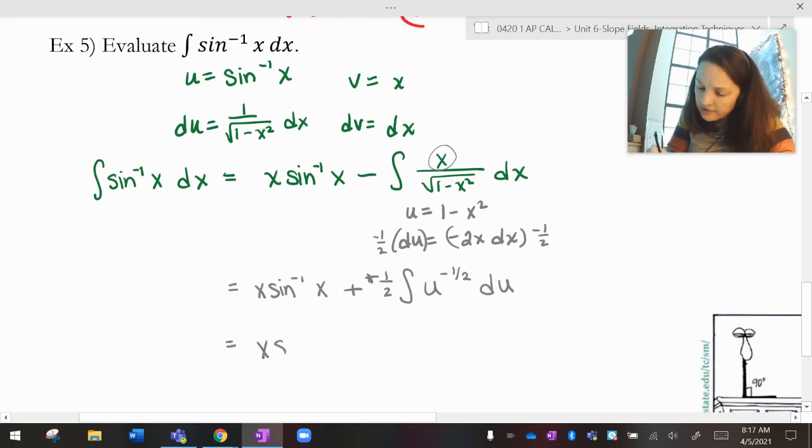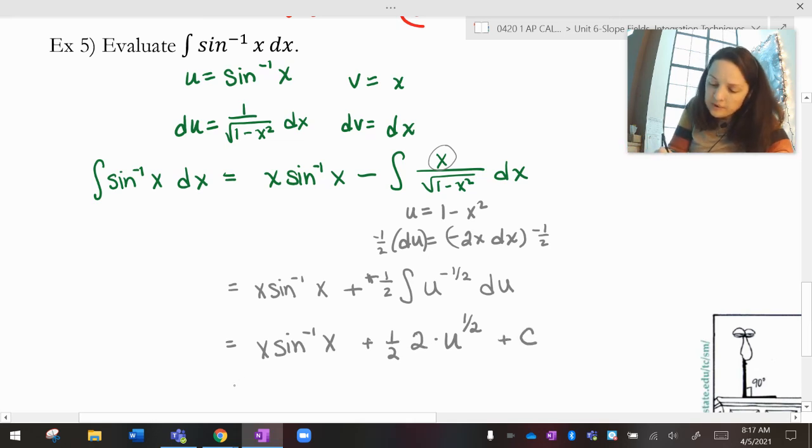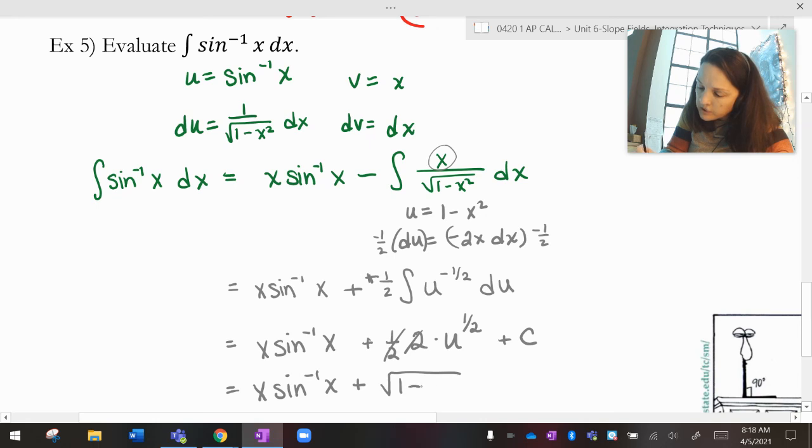So then I have x inverse sine x plus 1/2 the antiderivative of u to the negative 1/2, which would be add 1 to the power, divide by the new power, plus c. And this was an indefinite integral, so I need to unsub my u. And so this is going to become u to the 1/2, which is 1 minus x squared to the 1/2, which is the square root of 1 minus x squared, plus c.